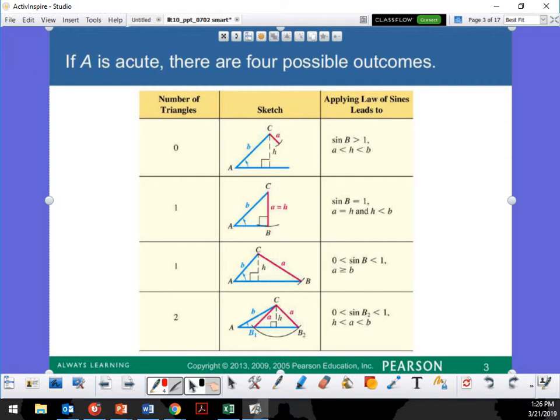You would have 2 if it is a certain length here. These are all examples of the different triangles that you could have. You would have 2 different triangles for this one right here.